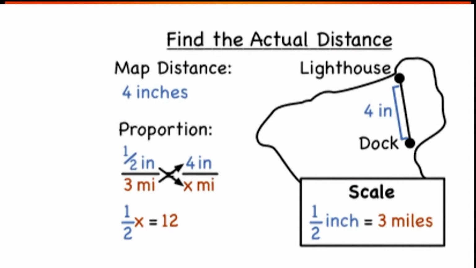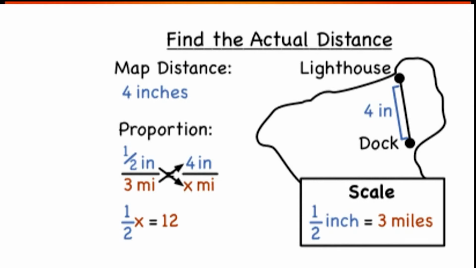So the proportion exists: ½ inch is to 3 miles as 4 inches is to how many miles? That's what we're trying to figure out. We can cross multiply, and you'll realize that half multiplied by x gives us half x, and 4 multiplied by 3 gives us 12. Now, we're really trying to find x, so we solve, or what we call make x the subject of the formula.